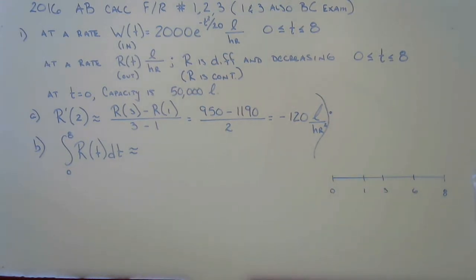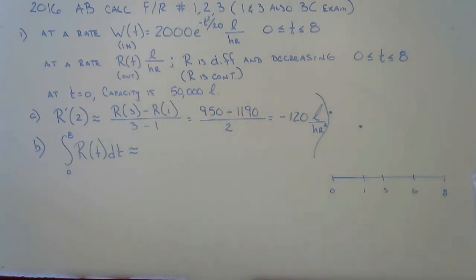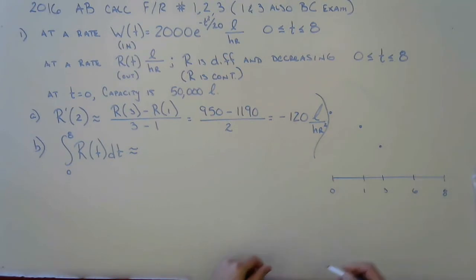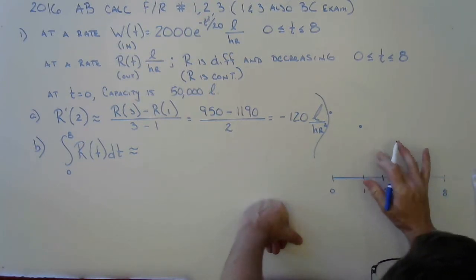And then at 1 hour, we're down to 1190, so we're lower. We're going to just put that dot right here. At 3 hours, we're down to 950, so we'll just put that right here. Now, this is not a line, it's a decreasing function. At 6 hours, we're at 740, so we'll put that here.